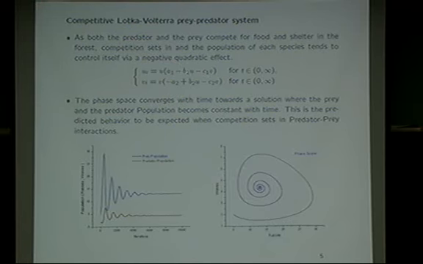So the increase of u makes u(t) decrease when the population of u is high enough, and the same for the predator species v. And in this case, we don't have any conservation law. Instead, the solution describes this type of graph in the phase plane. So the solution converges in time to a constant steady state.